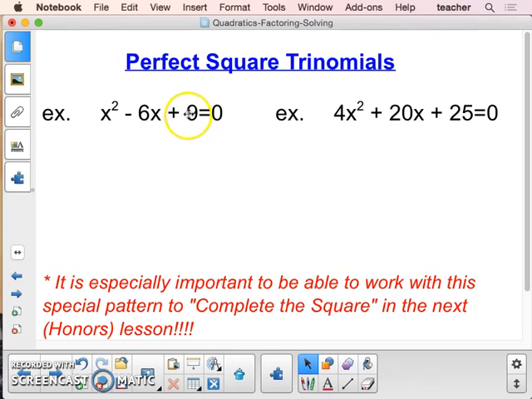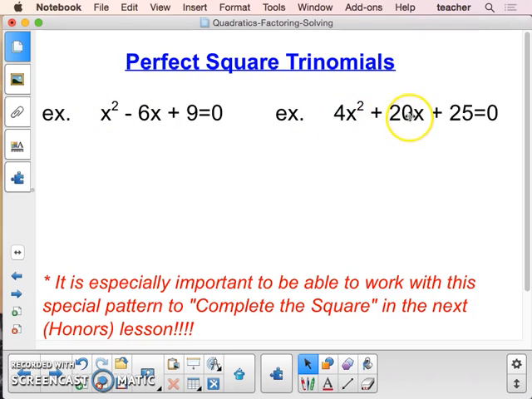What happens is you have a perfect square trinomial if half the middle term squared gives you the product of the first and last square roots. So half of -6 is -3. If I square that, I get 9, or 9x squared, which is the product of 9 times x squared.